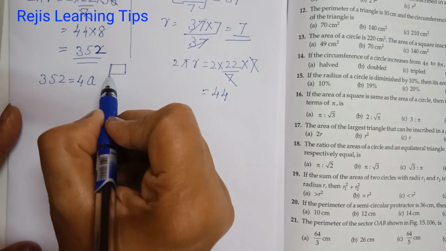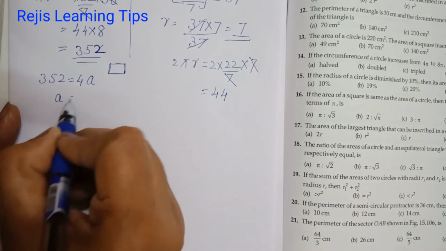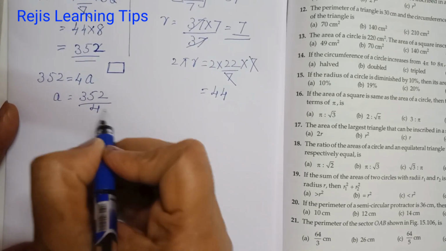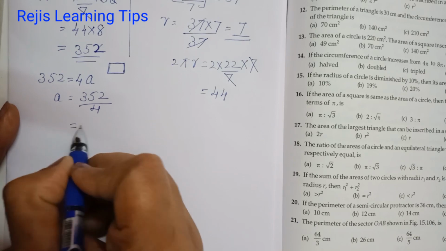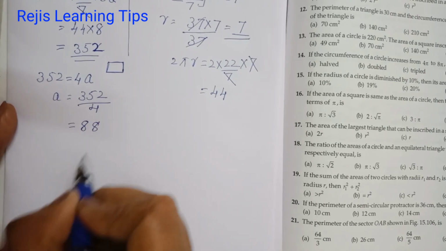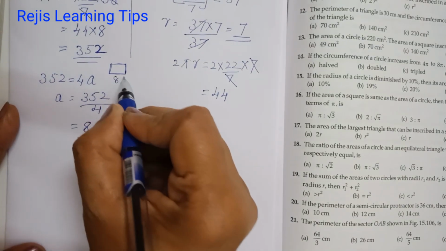So the perimeter of the square is equal to 352. Therefore, a is equal to 352 divided by 4, that is equal to 88. So side of a square, that is 88.